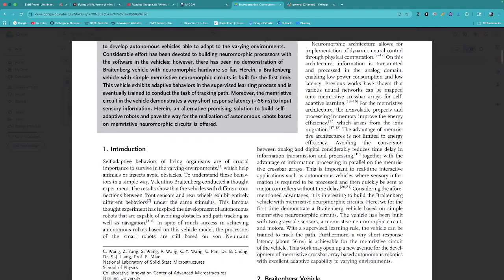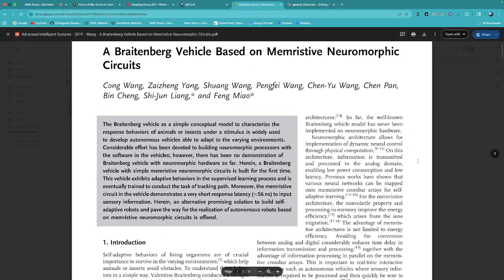What they mean, I guess, is when people implement Braitenberg vehicles as robots, they generally use a von Neumann architecture to do so. So usually if you have a robot that's a Braitenberg vehicle instead of a computer simulation, you're using a von Neumann architecture to simulate this sensor effector mapping.